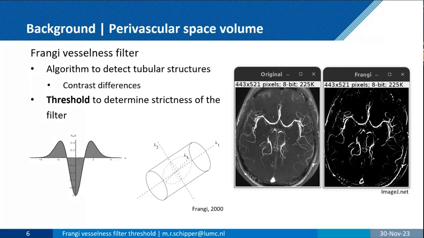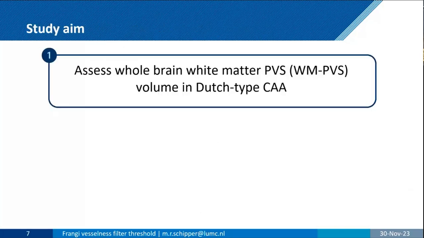So it looks whether a structure is tubular, so longer than the width. And it also looks at the contrast differences within the structure and outside the structure. And based on this, you can segment these structures. And you can also apply a threshold to determine the strictness of this filter. And so this is also what this study was partly looking at.